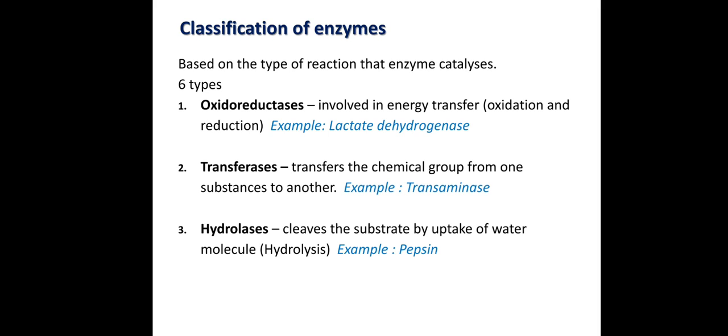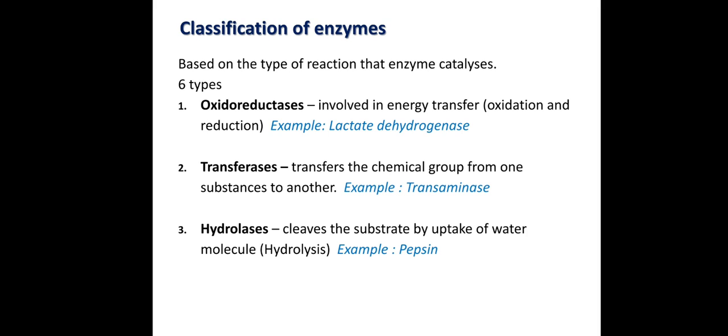Phosphates are transferred from one substrate to another substrate. So if any enzyme is involved in transferring functional groups, then it comes under the class transferase. Examples for these are hexokinases. These transfer phosphates from one substrate to another substrate.